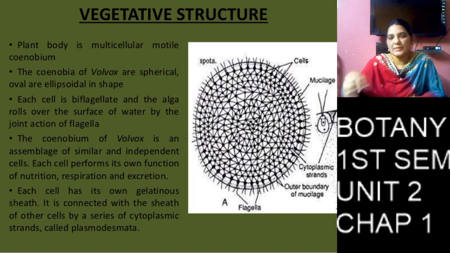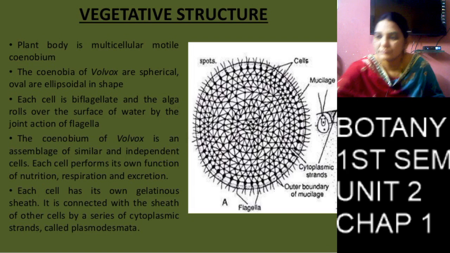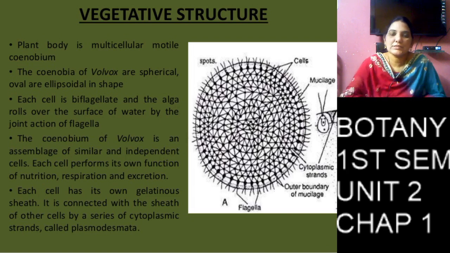So many cells are present in one Volvox, 500 up to 5000 cells in the Cenobium. Each single cell is similar to the Chlamydomonas structure. It has two flagella at the upper side, and the structure is covered by the cell wall.